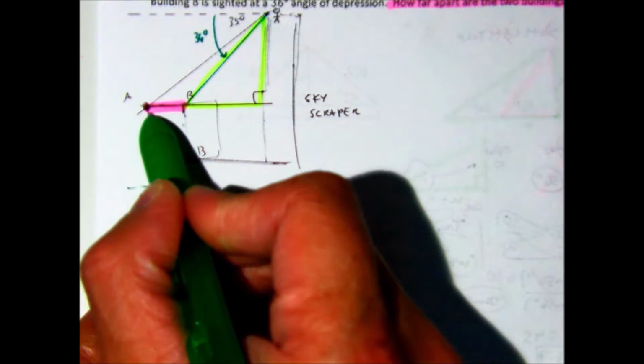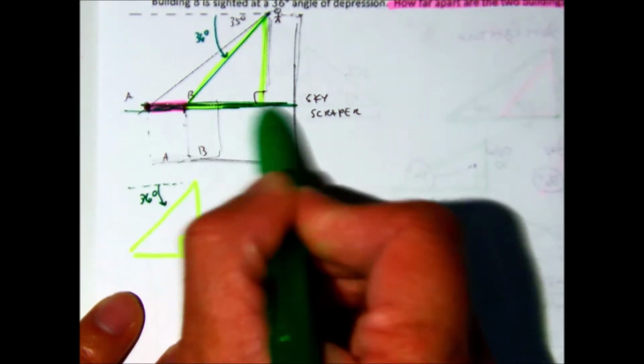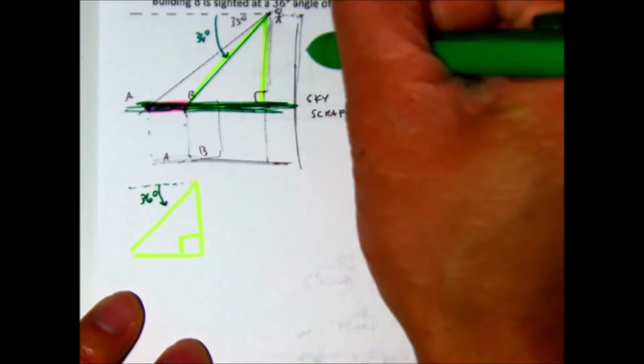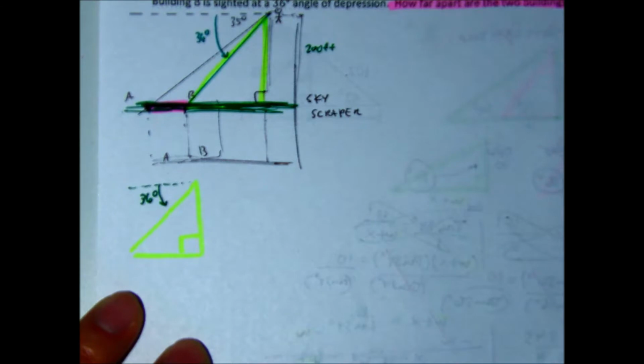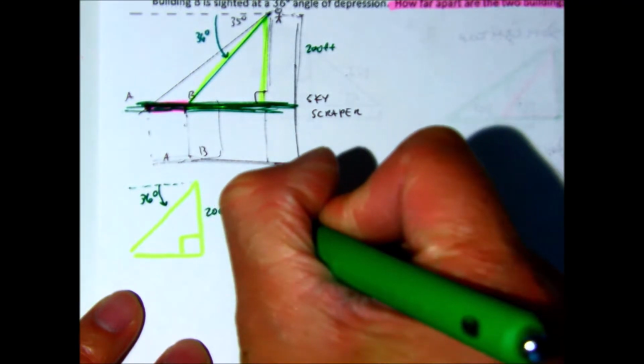I don't know. Maybe this would be a better example. Like, this is the ground level, therefore this is 200. That makes more sense, huh? 200. What letter do you guys want to call this one? J?